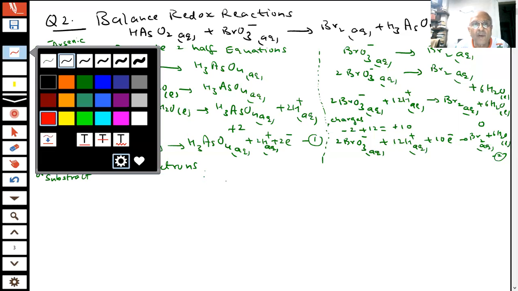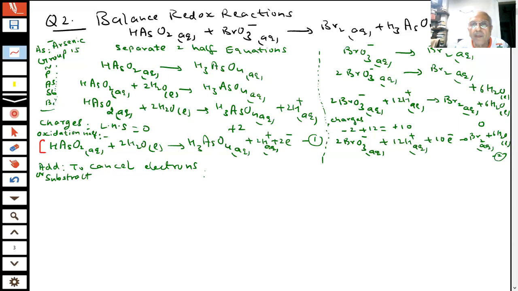You will multiply this equation by 5, 2 into 5 is 10. Multiply this by 5, it will become 10 electrons. This will get cancelled with the 10 electrons if you add them, because these electrons are on the right side and those on the left side.